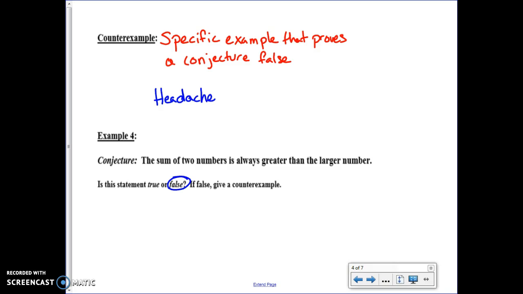Well, I could use a negative number. If I have -4 and I add 6 to it, I get 2. In this case, 2 is not greater than 6. So that is a specific example that proves that statement false.